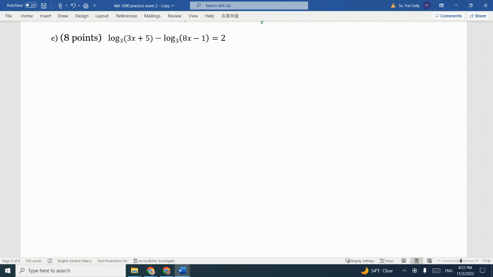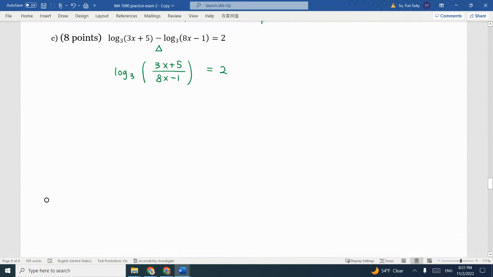Okay, log properties. We combine subtractions into division. This is subtraction, like your quiz. So we combine the subtraction into division, and the division is inside the log. So log of 3x plus 5 over ax minus 1, and that's the left hand side.